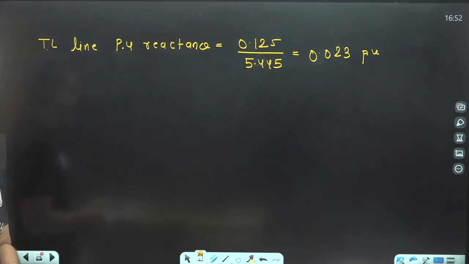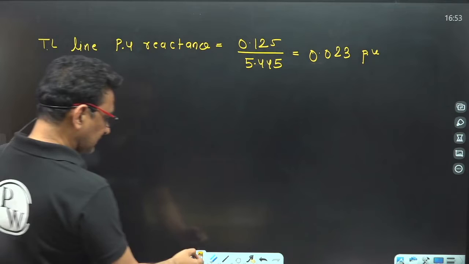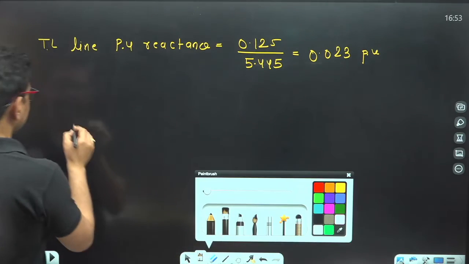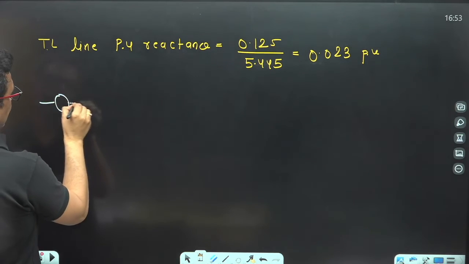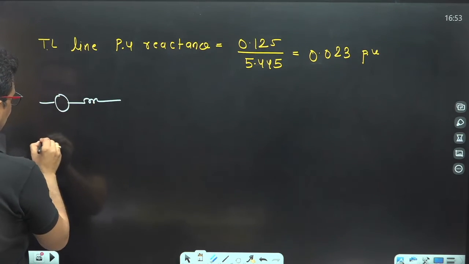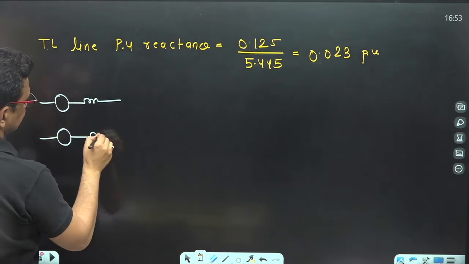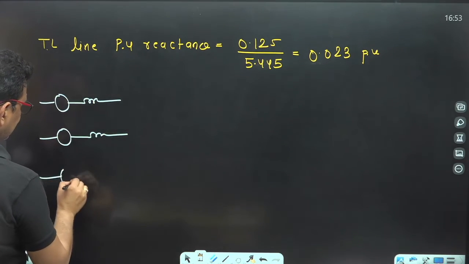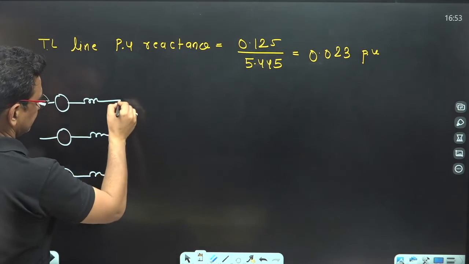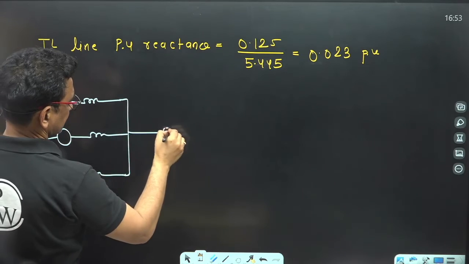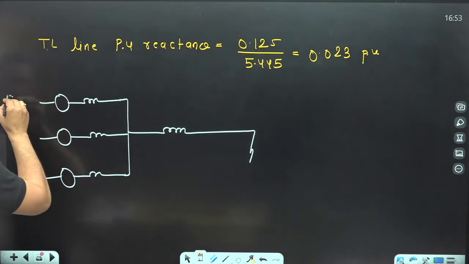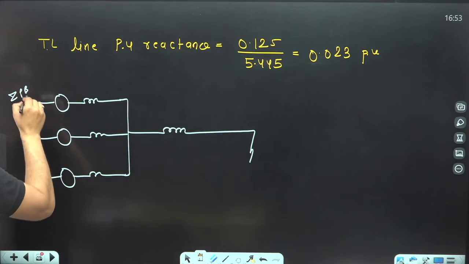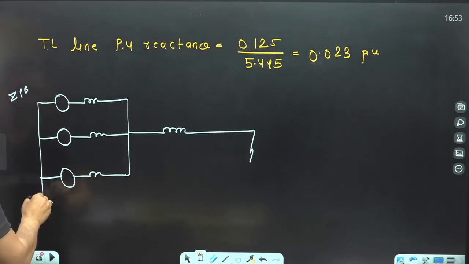Now, let's draw the positive sequence network for one alternator, for the second alternator, and for the third alternator. And this is the fault point. All have the zero potential bus, so they will be connected together.